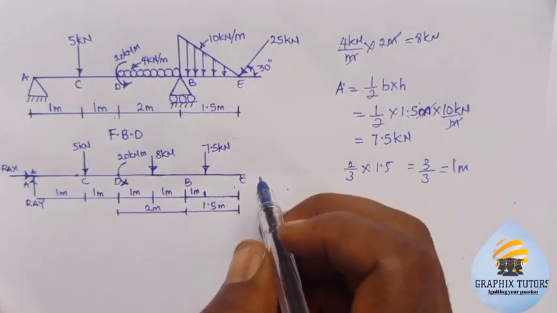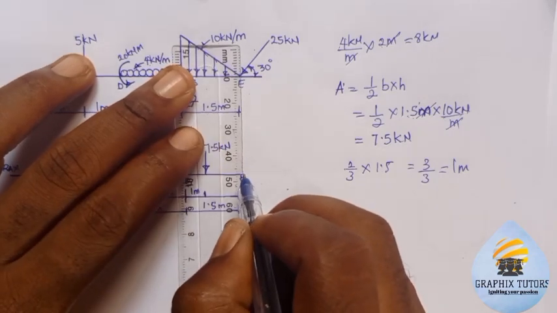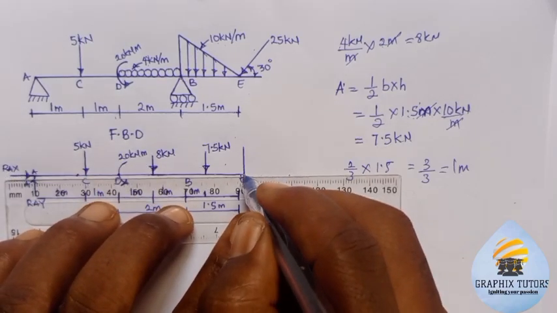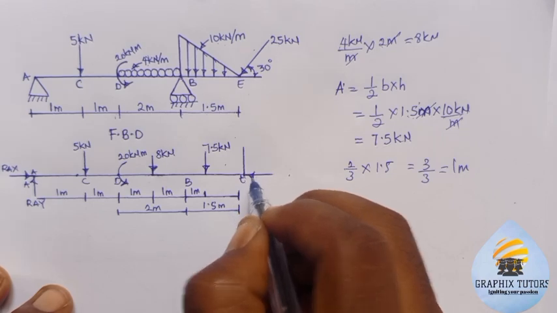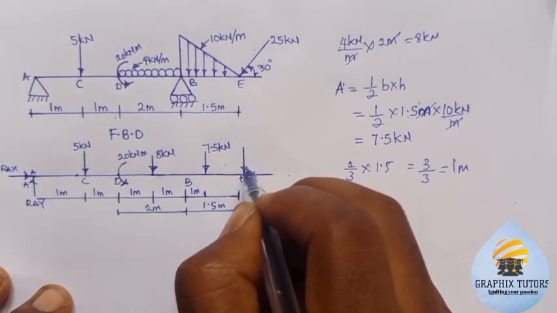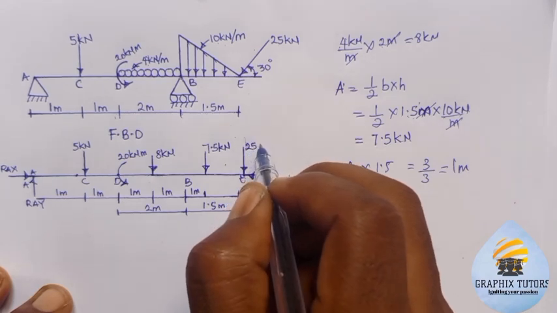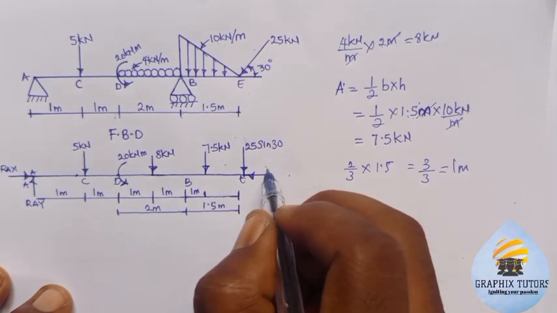So from here, I am going to draw a vertical line this way, and a horizontal line this way. Since the force is coming in this way, the vertical component will be 25 sine 30.